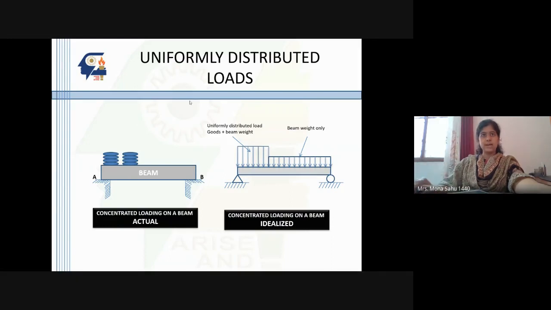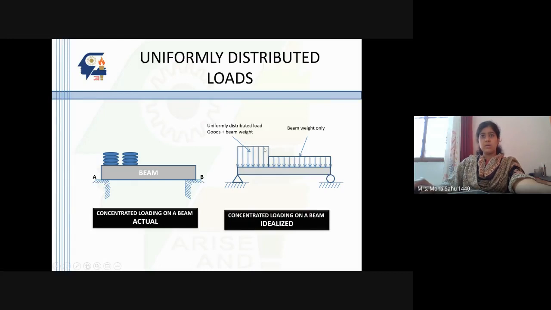If you see this diagram, there is a beam, and throughout this beam there is a weight. And there are some goods over here, sacks of rice or something, whatever. So this is the weight of the beam. It is denoted like this. It's a uniformly distributed load throughout the beam, the beam weight alone.